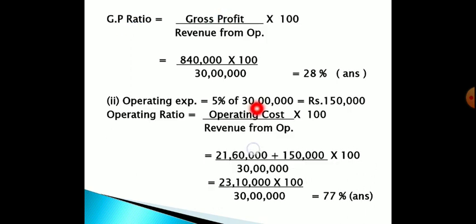So here we will find 5% of sales, that is 30 lakh, which equals 1,50,000. So operating cost equals COGS, that is 21,60,000 plus 1,50,000, divided by 30 lakh into 100, that is 23,10,000 divided by 30 lakh into 100, equal to 77%.